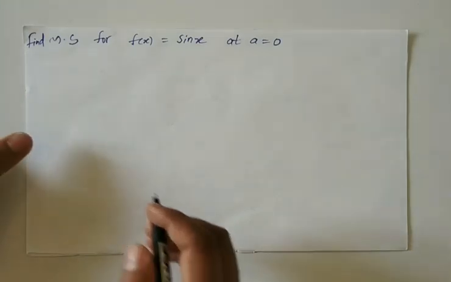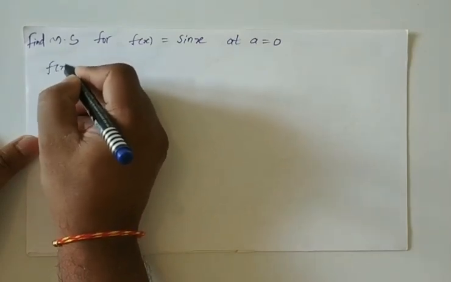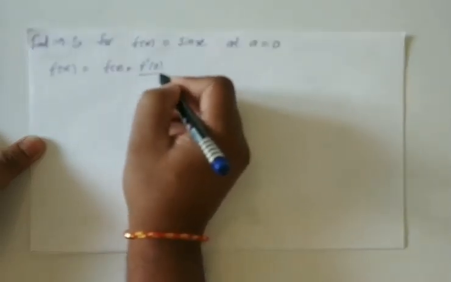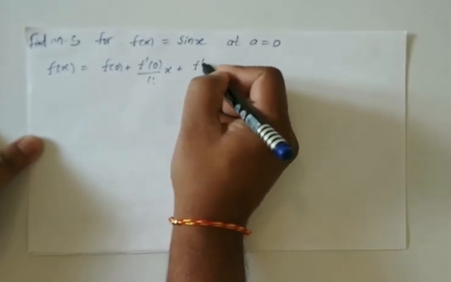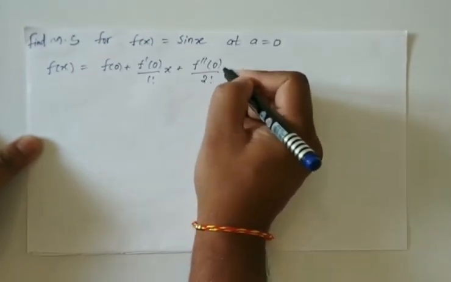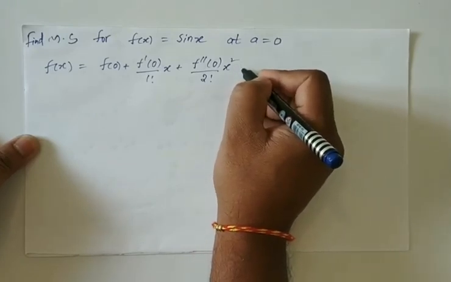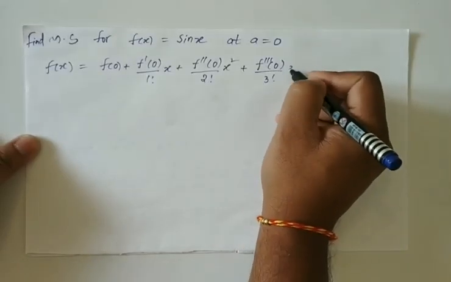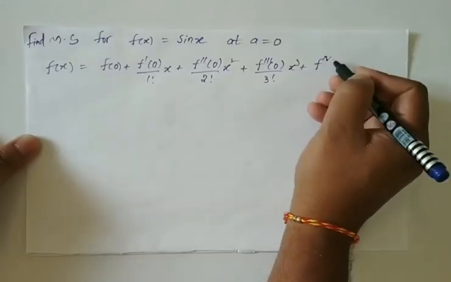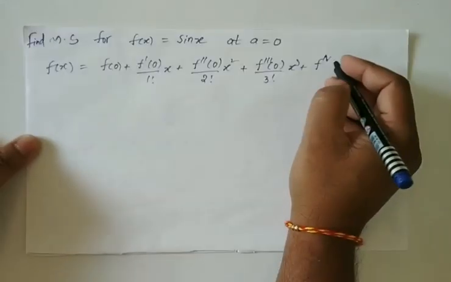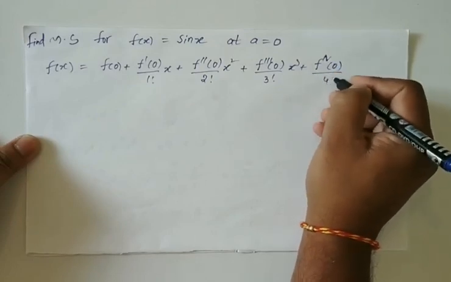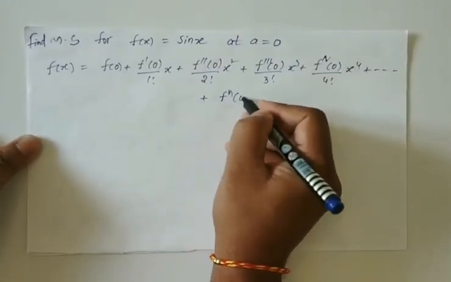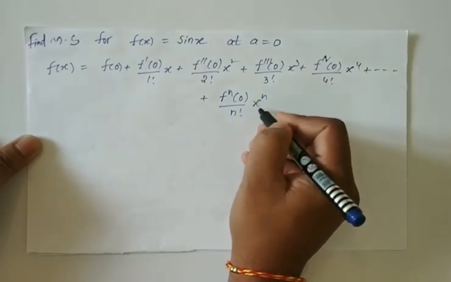Okay, what is the formula? f of x is equal to f of 0 plus f dash of 0 by 1 factorial into x plus f double dash of 0 by 2 factorial into x square, plus f triple dash of 0 by 3 factorial into x cube plus f power fourth of 0 by 4 factorial into x power 4 plus so on plus f power n of 0 by n factorial into x power n.